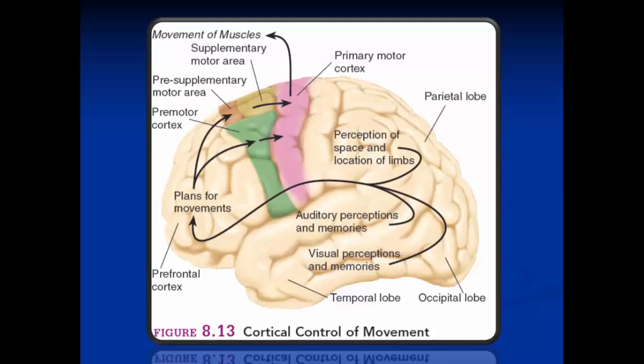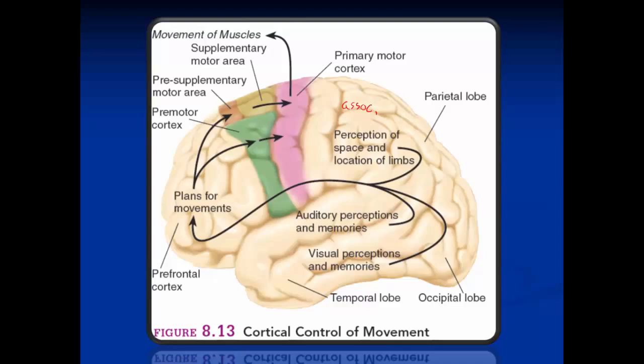Here in our association cortex, we're going to have visual association, auditory, somatosensory association cortex. These are where your perceptions, your memories, all of those things are stored. In order for you to move or decide you want to move, to generate the motivation to move, all of these things are going to come into play.